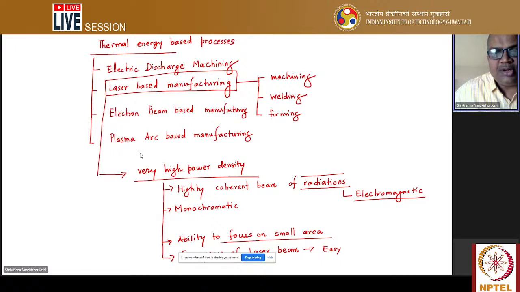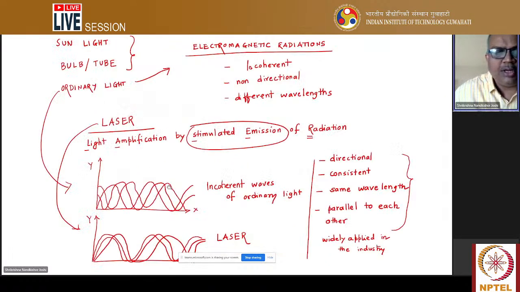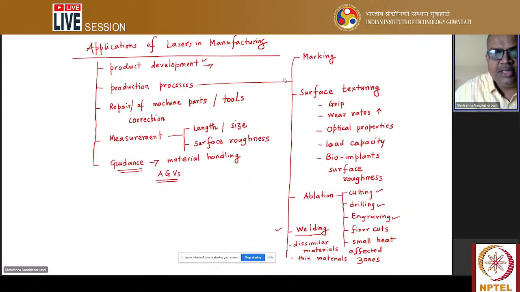Then slowly we had a more detailed discussion on each aspect of the laser in the perspective of manufacturing operations at the shop floor in particular. Then we started discussing the fundamentals of lasers, how laser light is different from ordinary light, and the various applications of lasers, not only in manufacturing but in other parts of the industry as well.